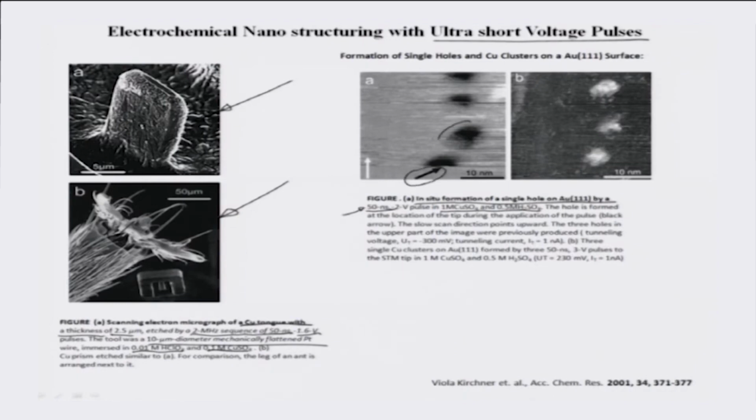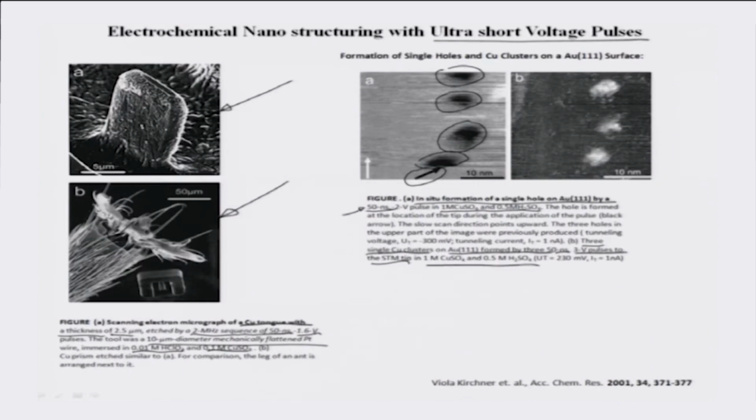The initiation of the hole formation process has been shown in this schematic photograph, and you can see about 3 single copper clusters on gold formed by three 50 nanosecond, 3 volt pulses to the STM tip, again in the same electrolyte solution.